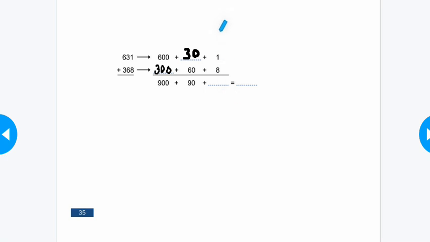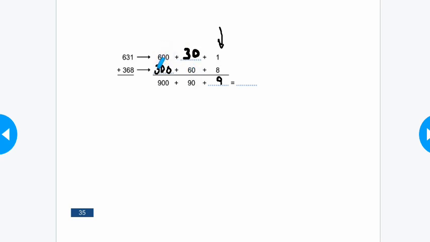So when we add those place values up, we have our ones place value, so I'm going to get 9. Then 30 and 60, so I'm going to start at 60 and count on groups of 10. So 70, 80, 90. Yep, that matches.